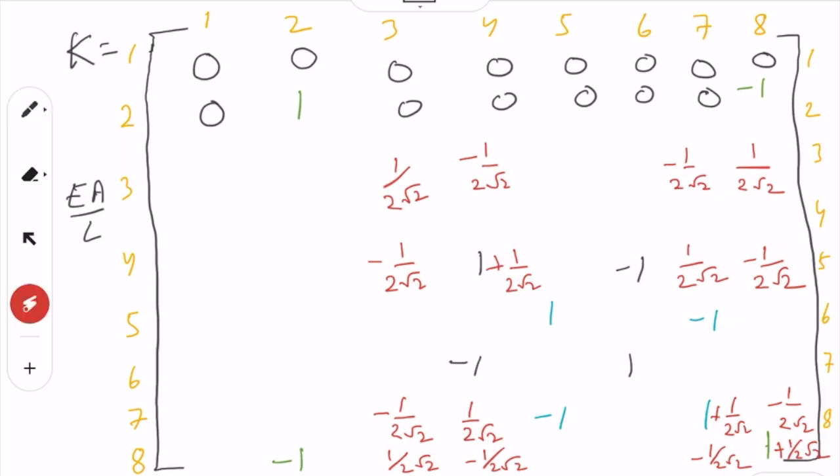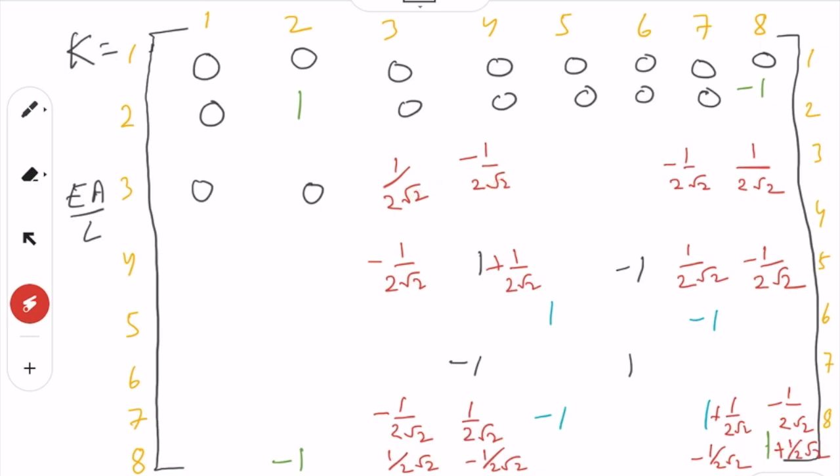Now we will have 1, 2, 3, 4, 5, 6, 7, 8. So there will be 0 here. Yeah. So let's write it. So we have 0, 0, 0, 0 here.